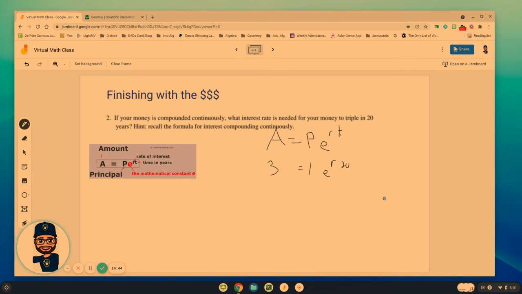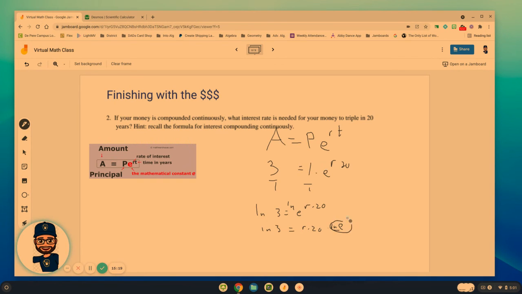Now we have to work on solving this for r. 1 times all of that. I have to isolate this part, so we divide by 1 and 3 equals e to the power of r times 20. If I have e to some power, we take the natural log of both sides: the natural log of 3 equals r times 20 times the natural log of e.